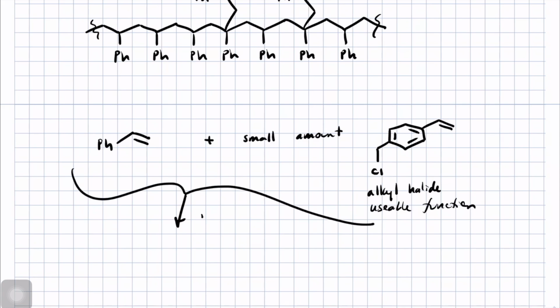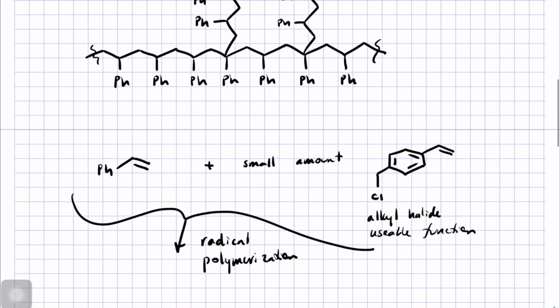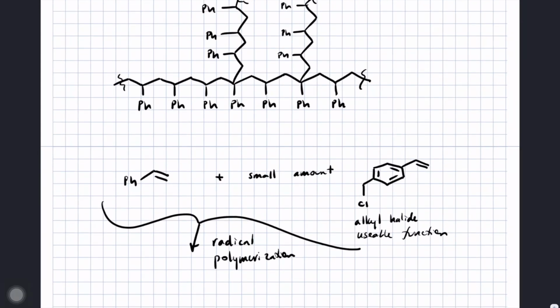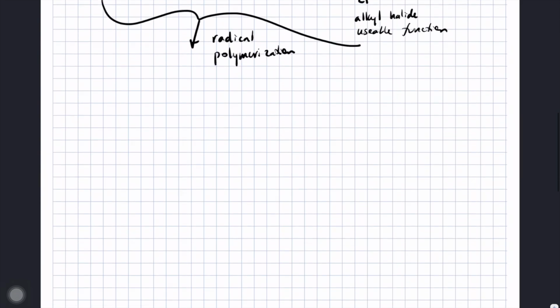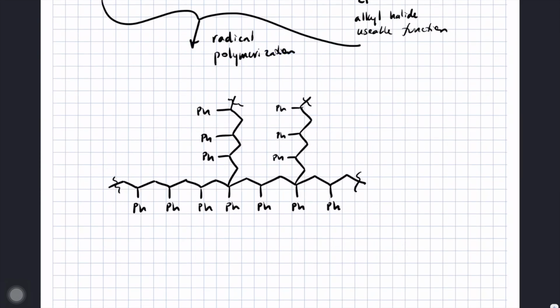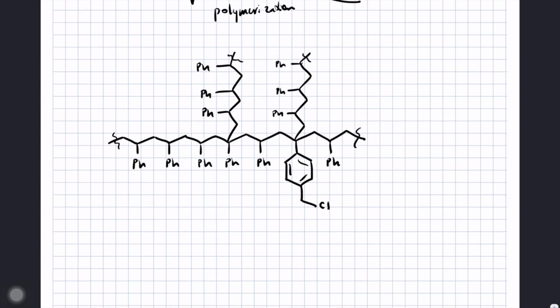So if you take these together and you do radical polymerization, and you cast the resulting polymer in such a way that it makes beads, what you can get is this highly cross-linked polymer bead in which some of the phenyl groups, not all, but some, have been replaced with the chloromethyl phenyl groups.